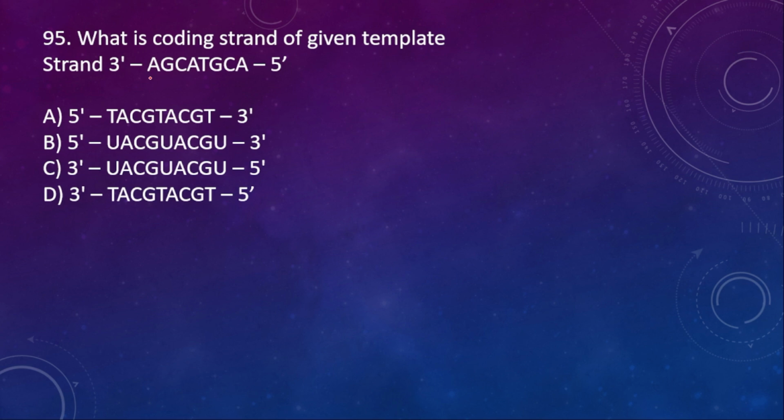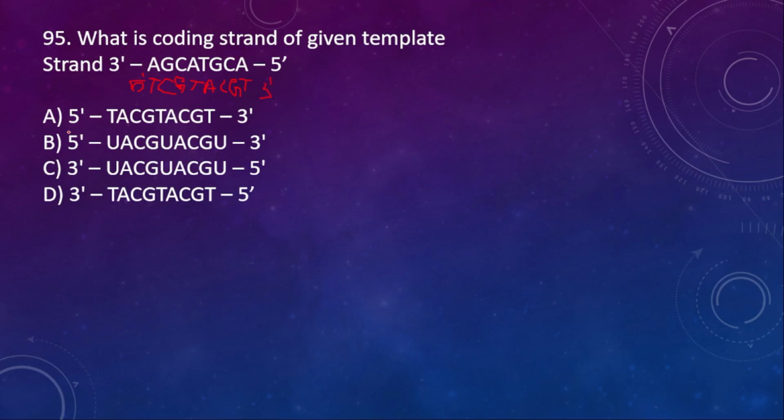If I write the complementary, for A there will be always T, for G it is C, for C there will be G, and for A there will be T. This must be the complementation. 5' is there means there will be 5' here and then 3' here.